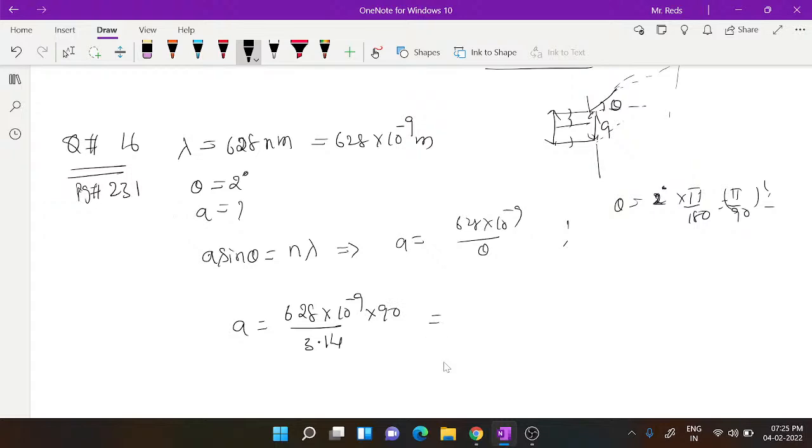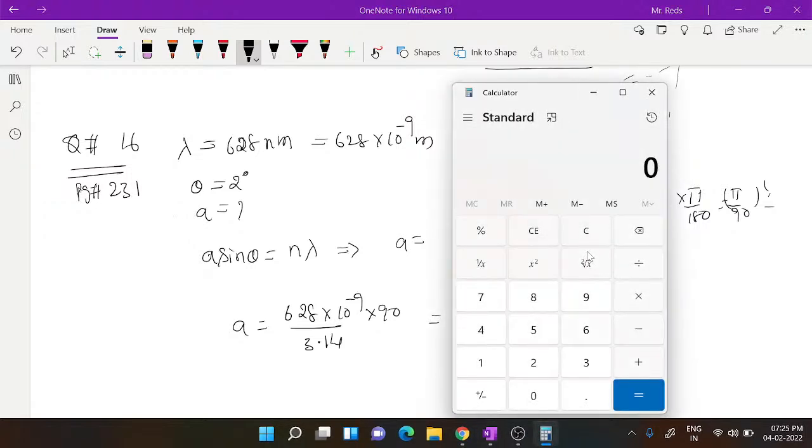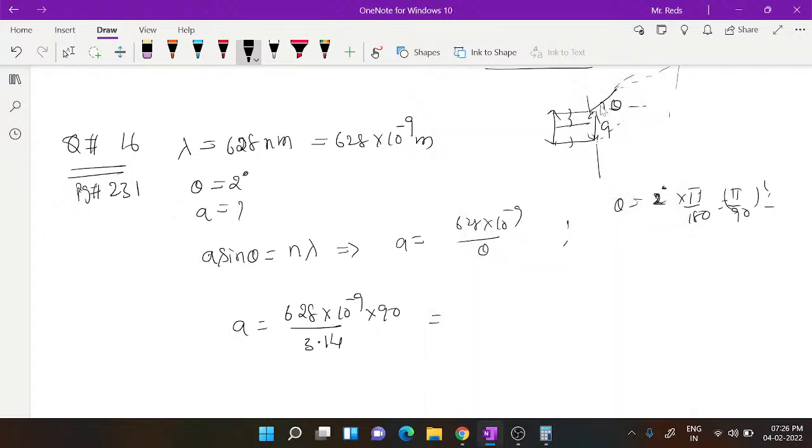Simplifying this further, 628 into 90 divided by 3.14. If you multiply the 3.14 by 100 by 100, it becomes 314.